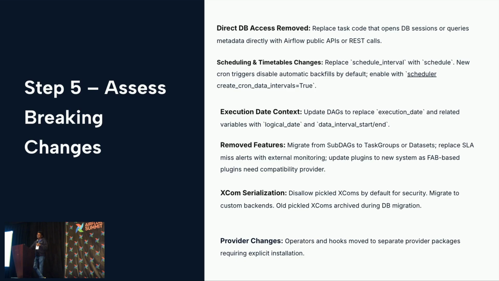Now, moving on, and this is a very important step. After doing the code changes in your DAG and the configuration changes, Airflow 3 being a major version, comes with a number of breaking changes that can affect your DAG depending on what features you have been using. In Airflow 3, one of the major things is you cannot access and you should not access the database directly.